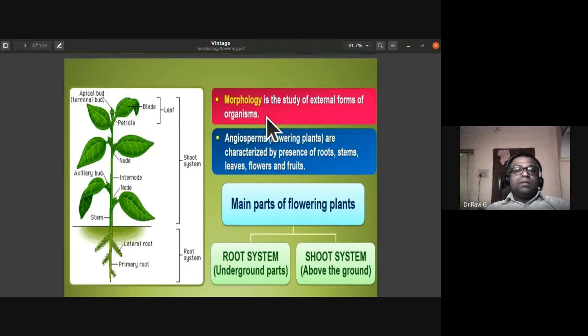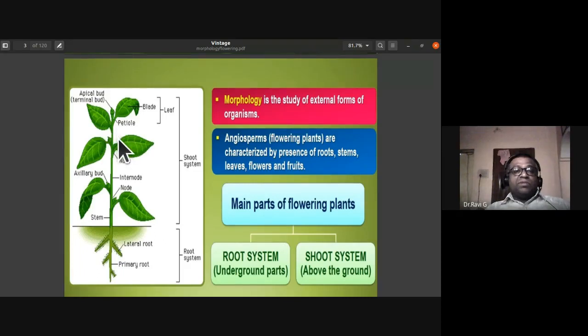Morphology is the study of external forms, the external features, of an organism. Angiosperms are also called flowering plants. You know that they are characterized by the presence of roots, stem, leaves, flower, and fruits.